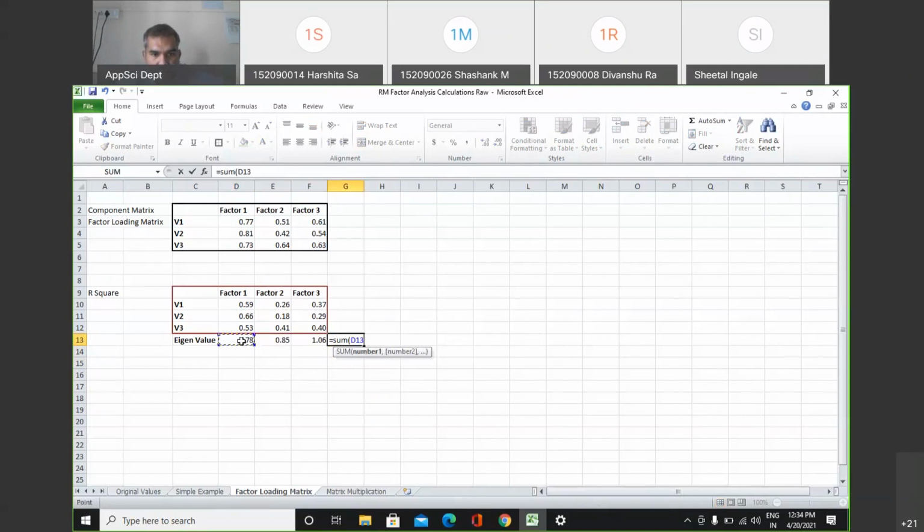Next step we will be finding percentage. This eigenvalue will be used to decide whether to include that factor or to drop it.